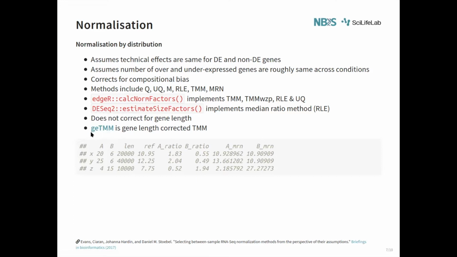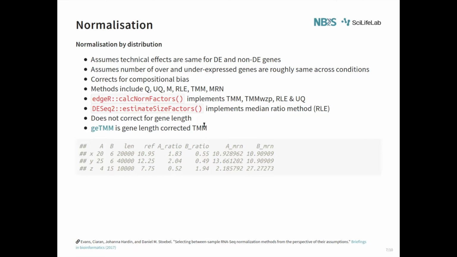Maybe a minor point here is this thing called GeTMM, which is gene length corrected TMM. It's not something you see very often, and I haven't really seen it much either. But if you ask the question, can we come up with a normalization that corrects for compositional bias and sequencing depth, but at the same time corrects for gene length as well?